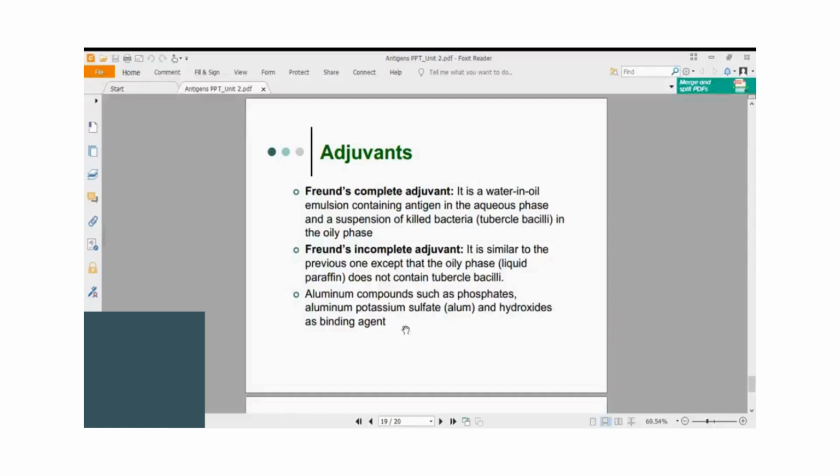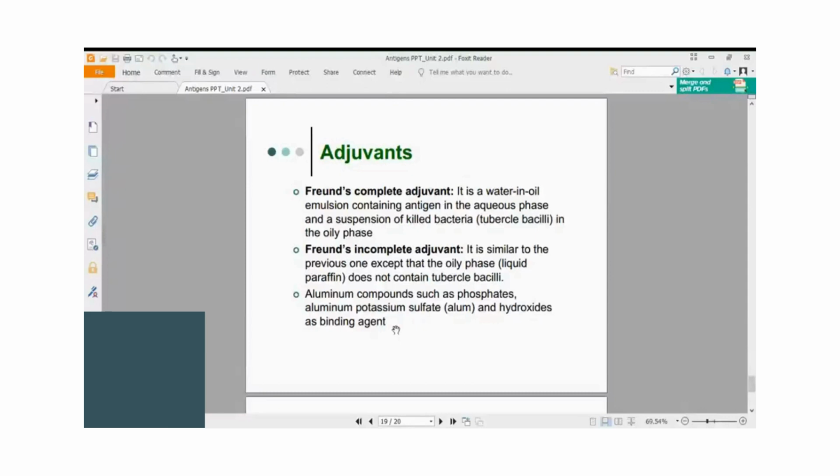And this oil is non-reactive, and it doesn't cause any kind of allergic or any other adverse reactions in the body. And this paraffin oil is the oil phase, and the aqueous phase will be there, and the suspension of tuberculosis bacteria, that is killed bacteria, will be in the oil phase.